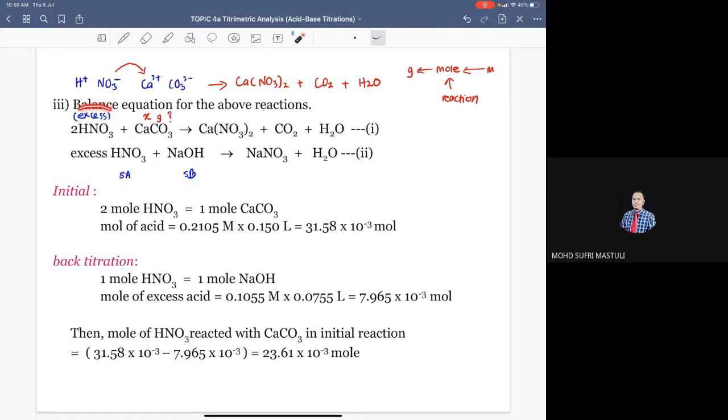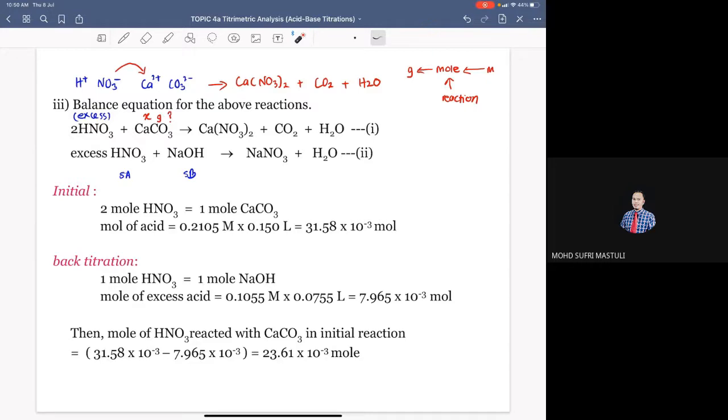We don't want the excess amount, we want the limiting mole, because the mole that determines the product is the limiting mole, it's not the excess mole. So in order to determine the limiting, this is why we have to perform the back titration.